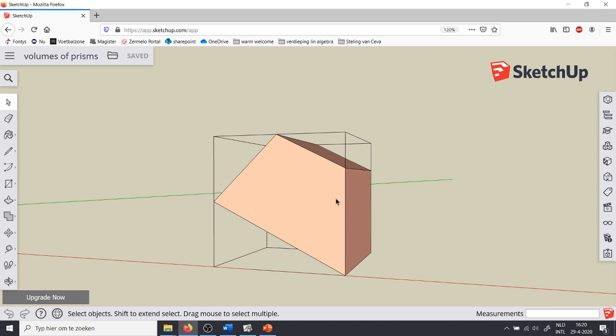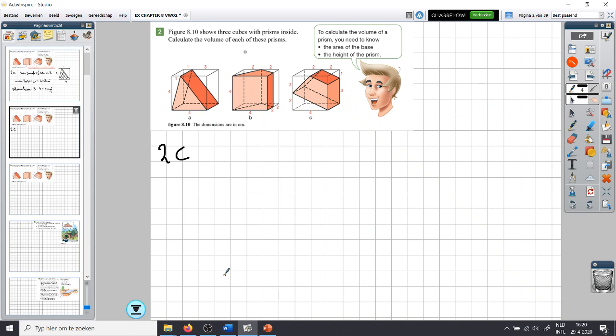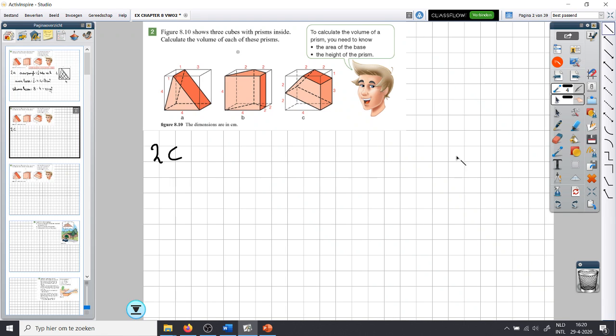So again, I'm searching for the area of this base. Let's go back and sketch it again. Always make a sketch, because it will help you out a huge way.